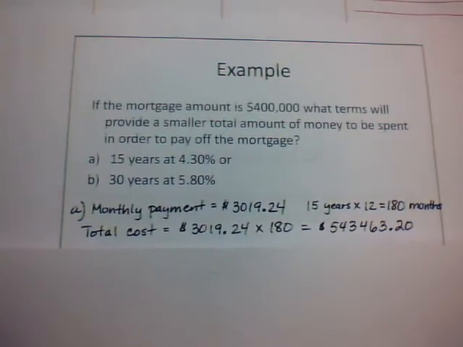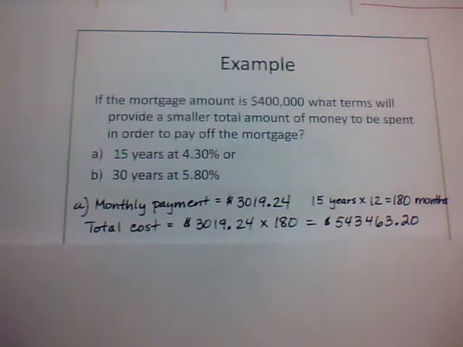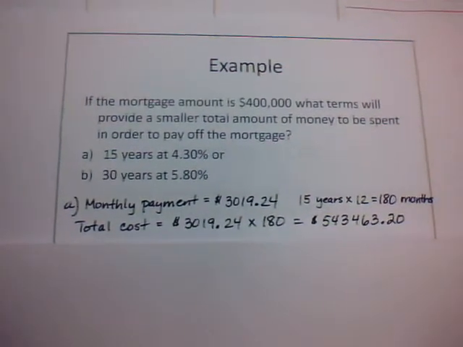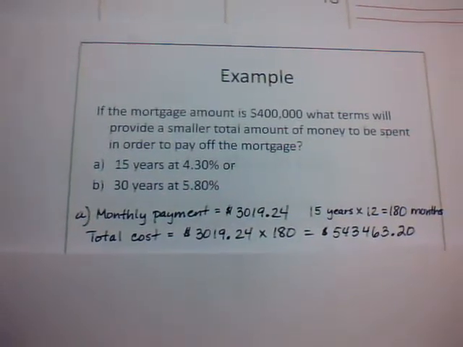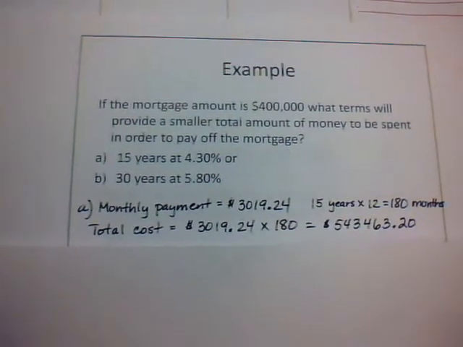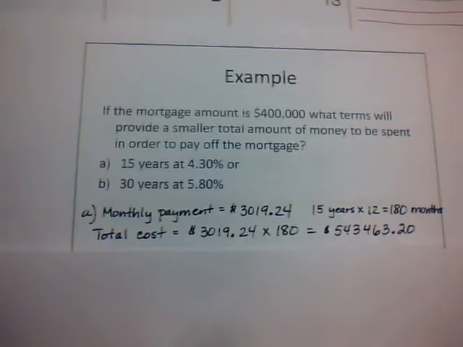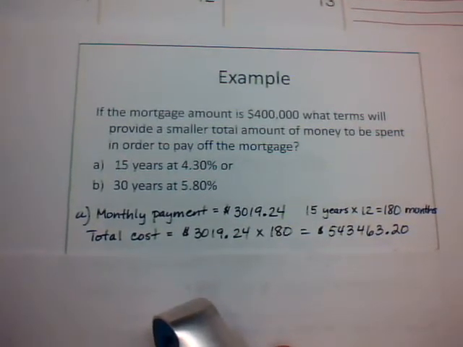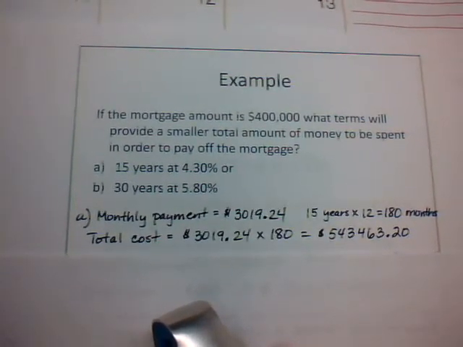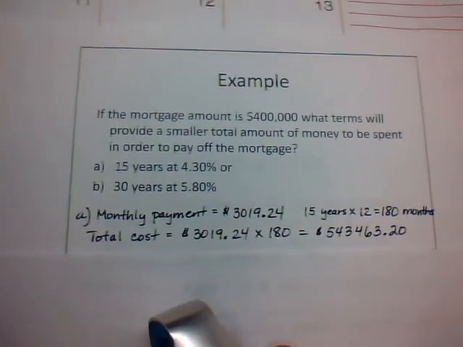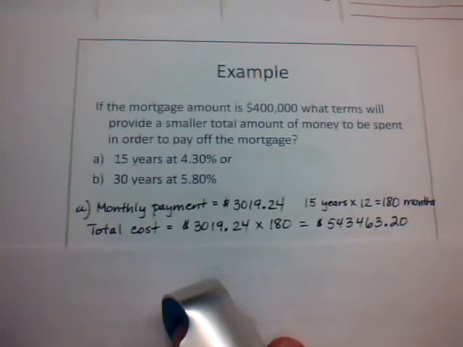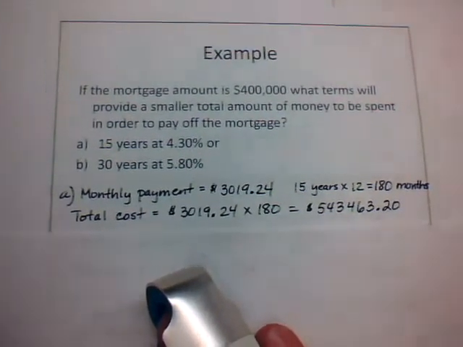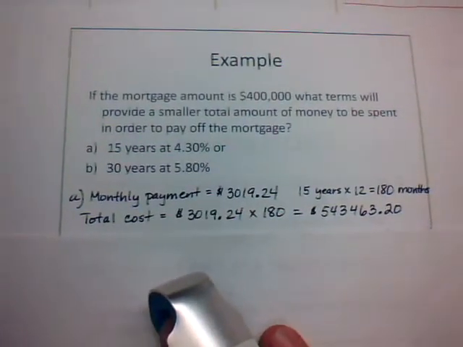We have to convert years to months because we're looking at monthly payments here. 15 years at 12 months will be 180 months. So take your $3,019.24 and multiply that by 180 months, and you'll get $543,463.20. That's going to represent the total cost of paying off a $400,000 mortgage.